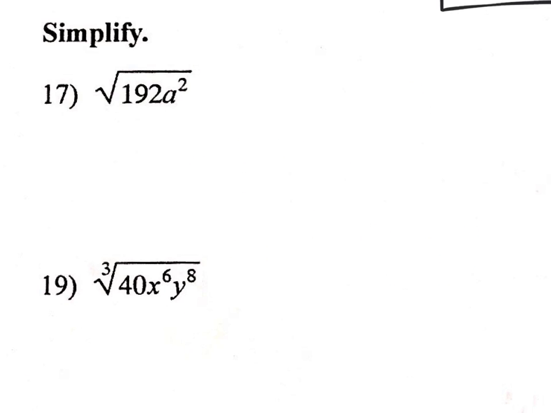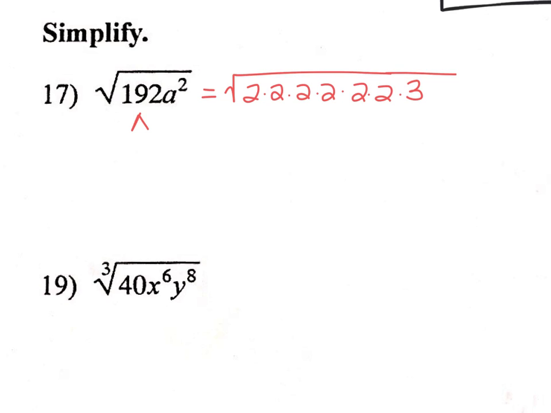Just for the sake of time, I'm not going to do the tree on here, but you would break this down. So this is the same as the square root of 2 times 2 times 2 times 2 times 2 times 2 times 3 times a. Secretly, remember square roots are 2's, so we've got to make groups of 2.